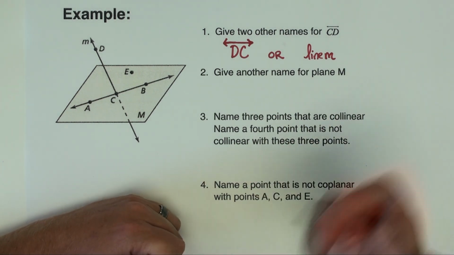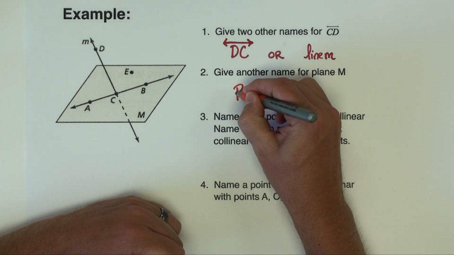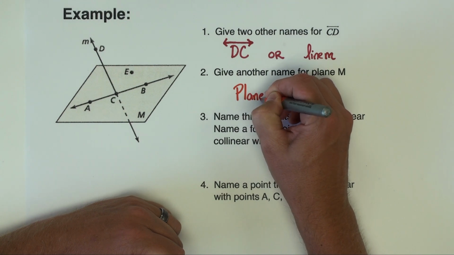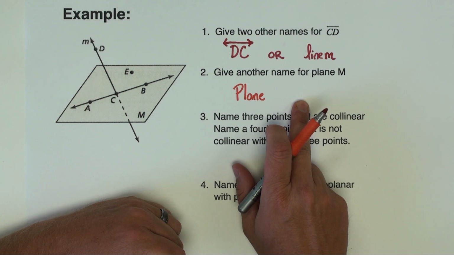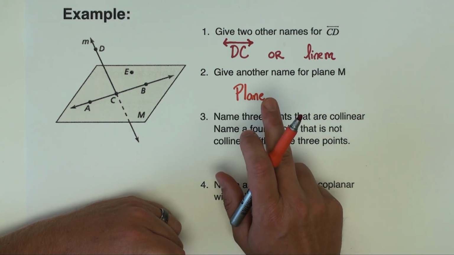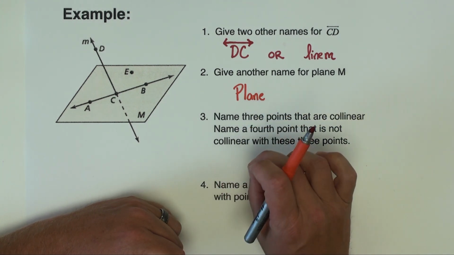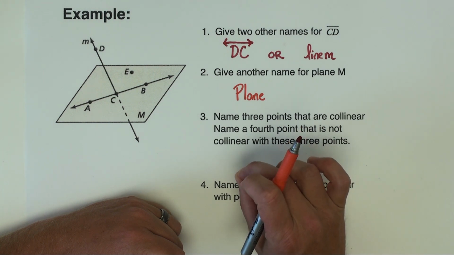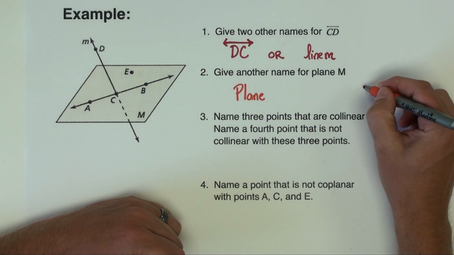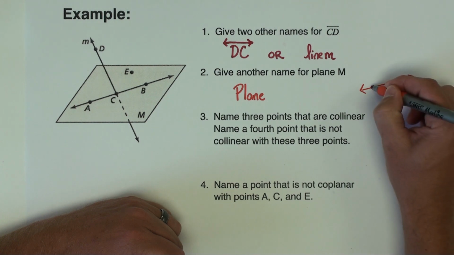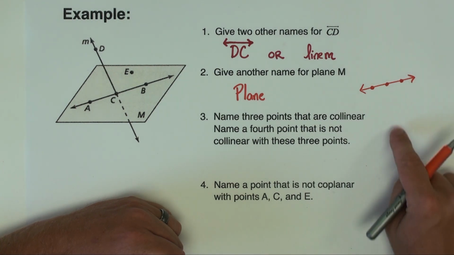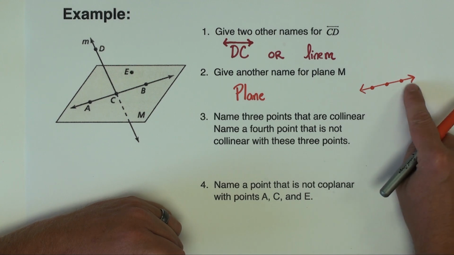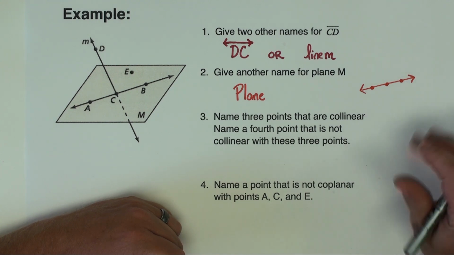So I'm going to write the word plane, and now I need to pick 3 points to go with this. And the points that I pick cannot be on a line. Okay, so I don't want to look for points like that. Those 3 points would be collinear on the same line. I need points that are not on the same line.